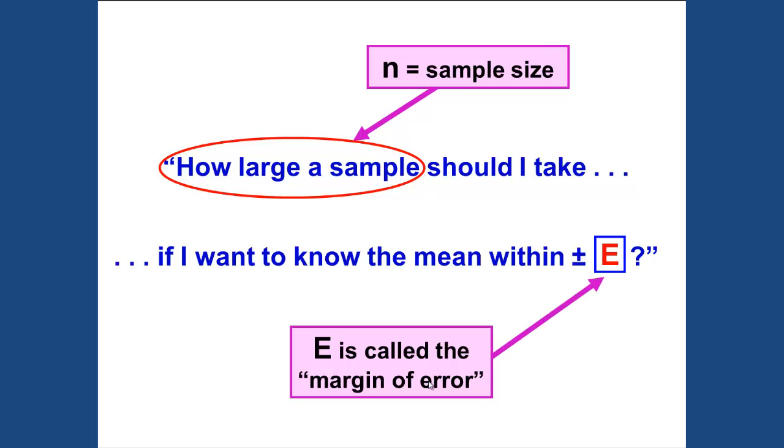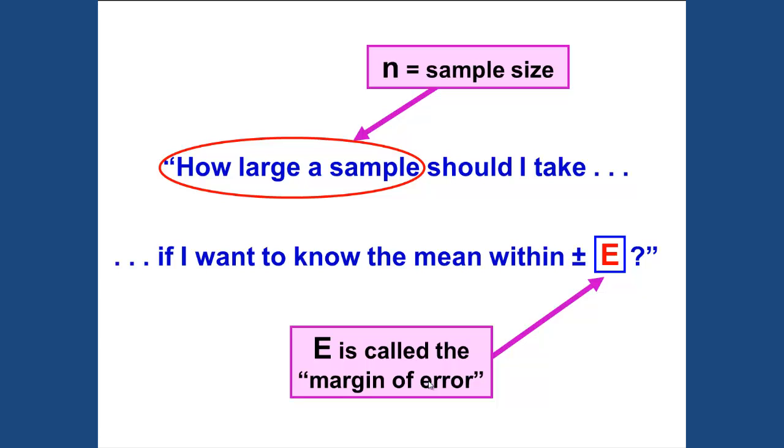How close to the mean do we want to be? So we want to be within so many units of the mean. And by the units, I mean so many miles if we're measuring in miles, within plus or minus E pounds if our sample is measured in pounds, centimeters if we're measuring in centimeters, within so many units, whatever that unit may be.